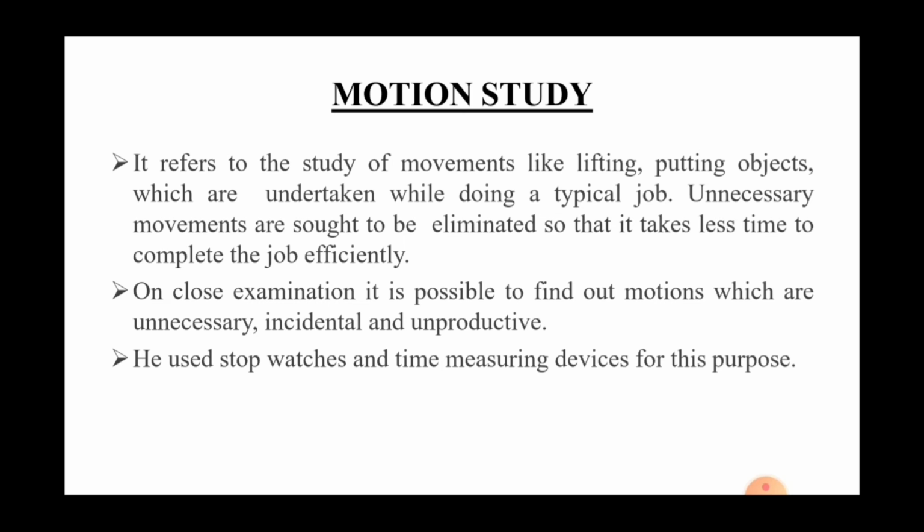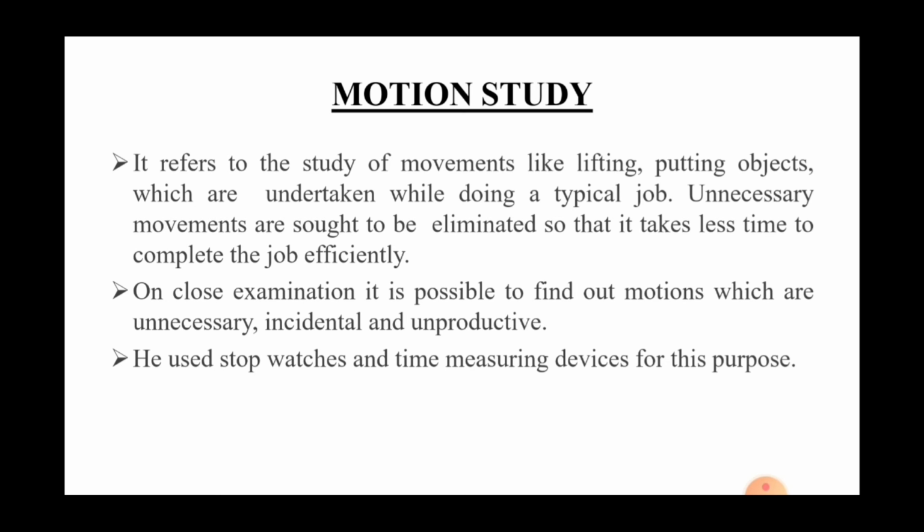Every Therblig is represented by a symbol, a definite color, with a word to record the same. The list of Therbligs has evolved over the years. Today it is common to use 18 such elements. However, originally Gilbreth developed a system with 15.